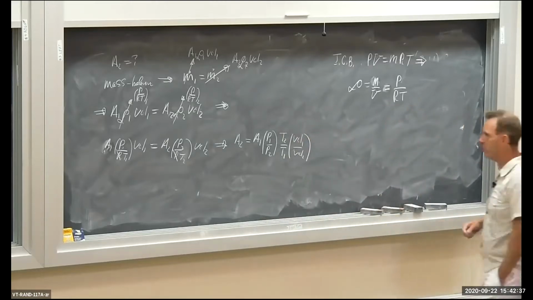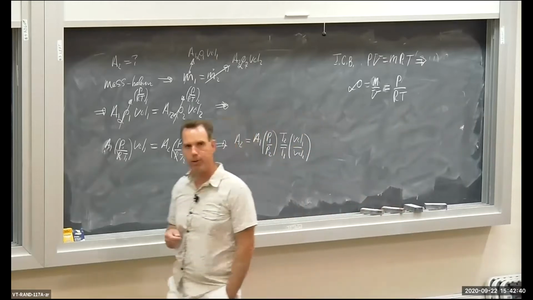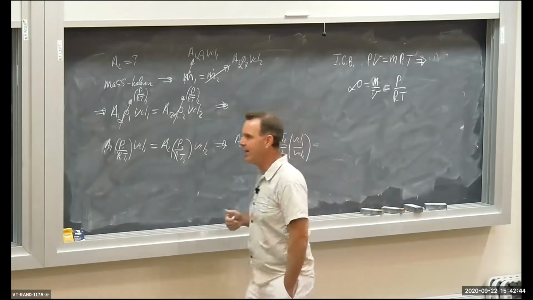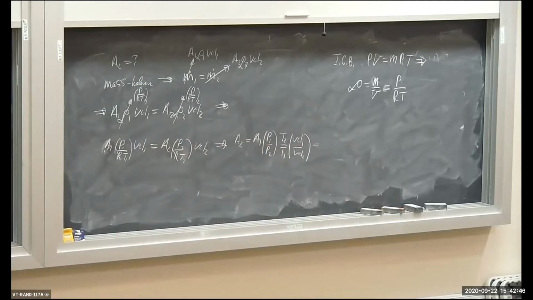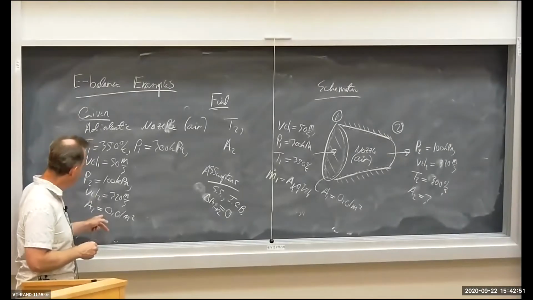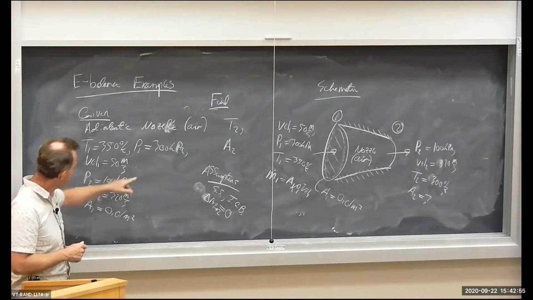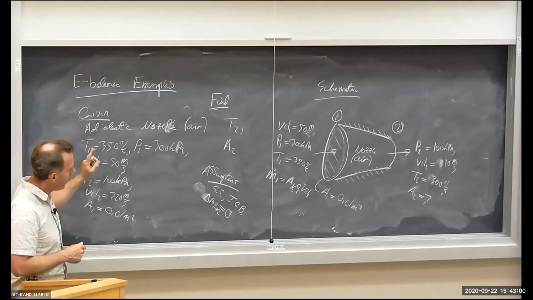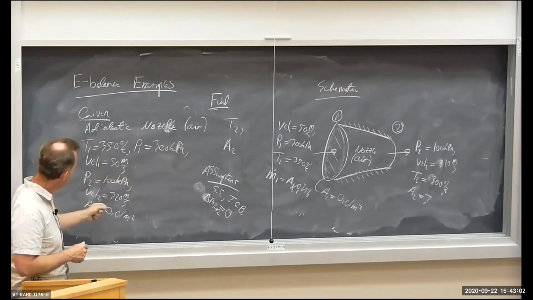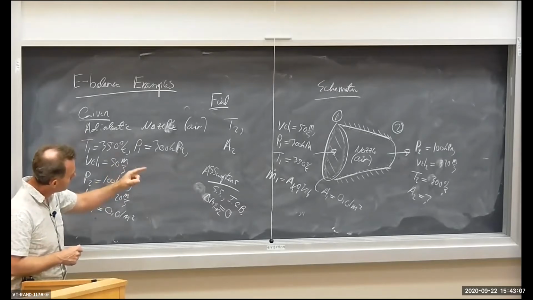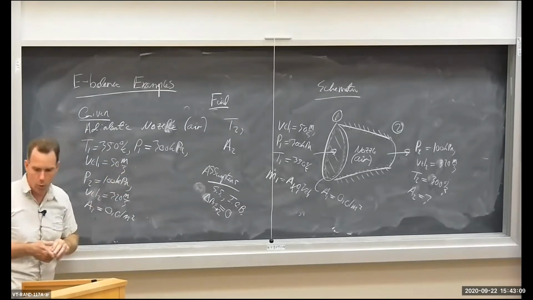Now, I know all these things: the pressures, the temperatures, the velocities. Let's plug in. Inlet flow area is 1/100th of a square meter. Inlet pressure is 300 kPa, outlet pressure is 100 kPa. Inlet temperature is 350, outlet temperature is 300. Inlet velocity is 50 meters per second. Outlet velocity is 320 meters per second.